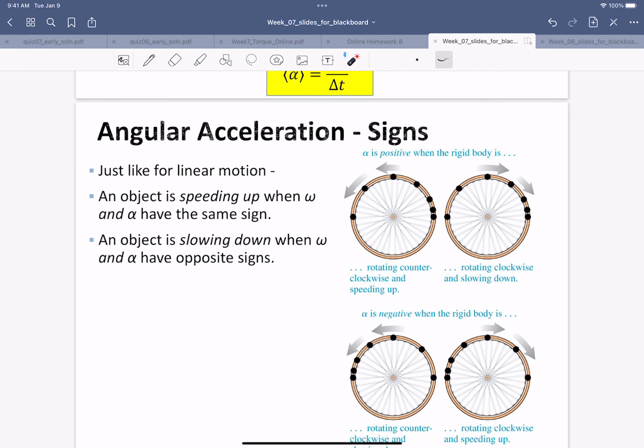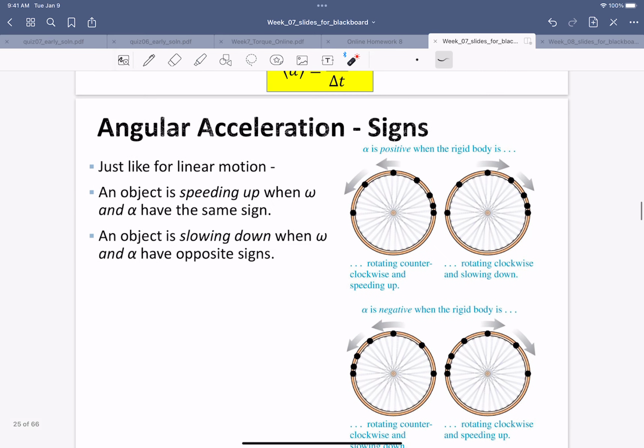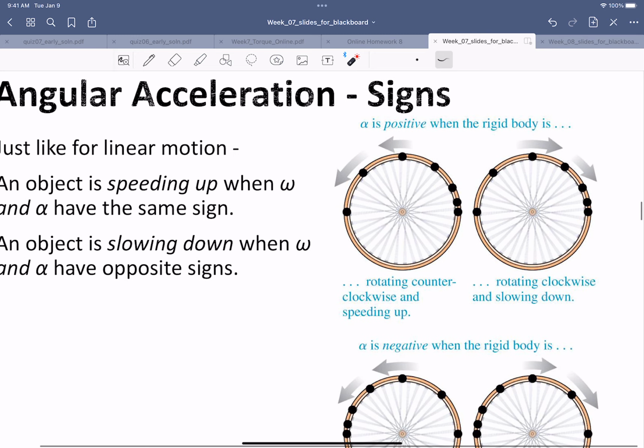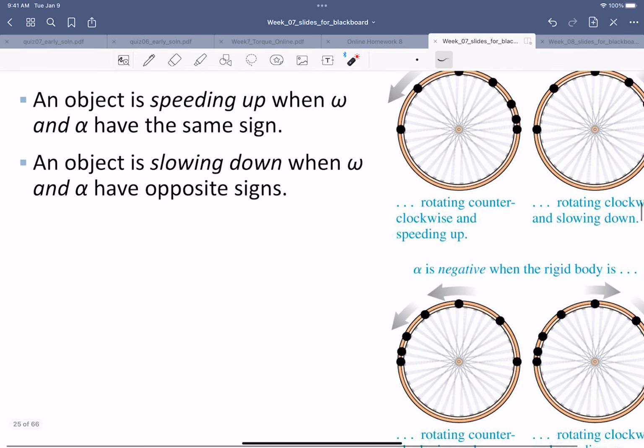With regards to signs for angular acceleration, this is another throwback to the first couple of weeks, where if I'm traveling along the positive y-axis, I have a positive velocity. Anytime I'm slowing down, the velocity and the acceleration don't have the same signs.